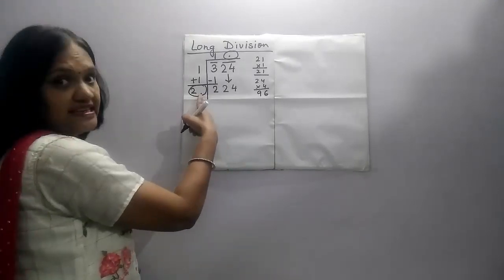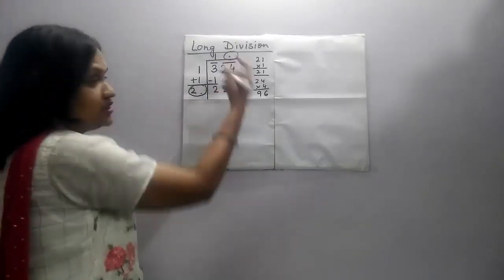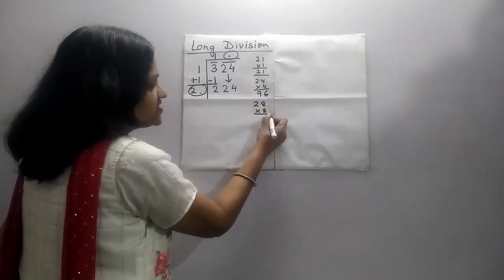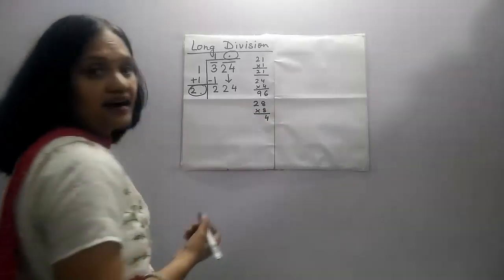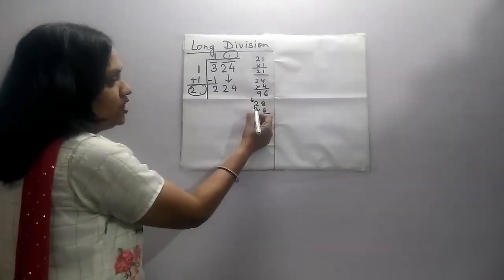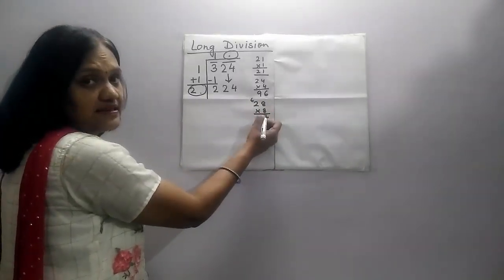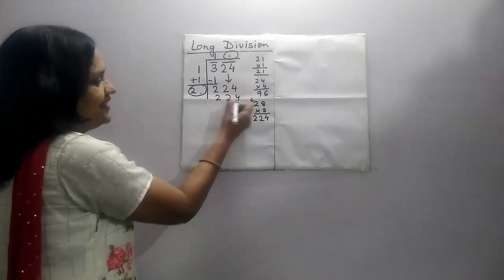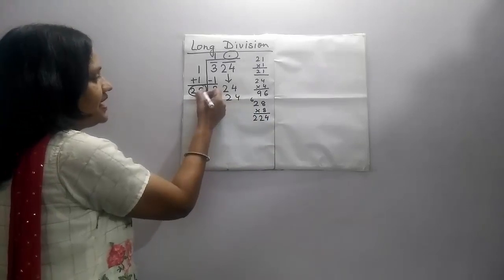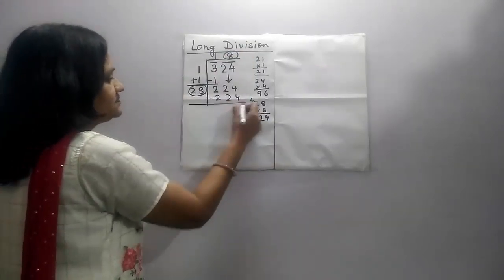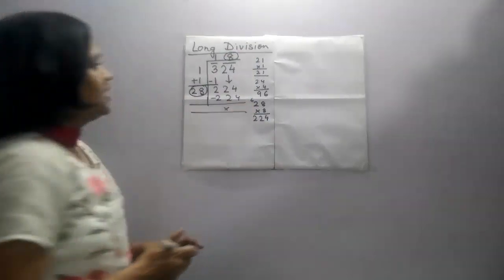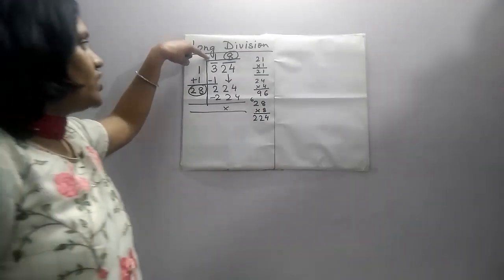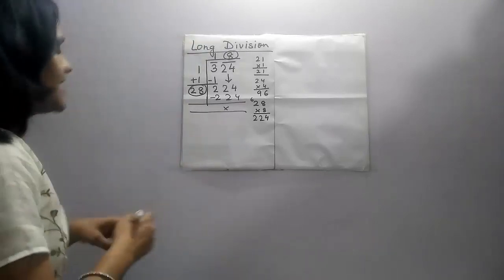If I write 8 here, I need to write 8 here also. 28 into 8 gives us 8 8s are 64, 2 8s are 16 plus 6 is 22, so 224. So wow, we have got our right answer, and at the top we have got the square root of 324, which is 18.